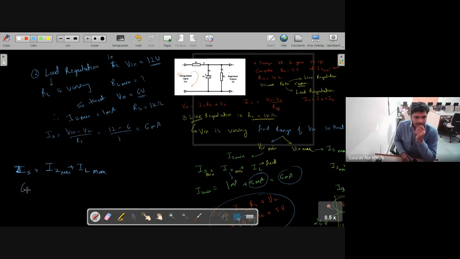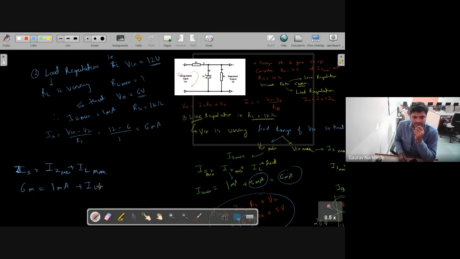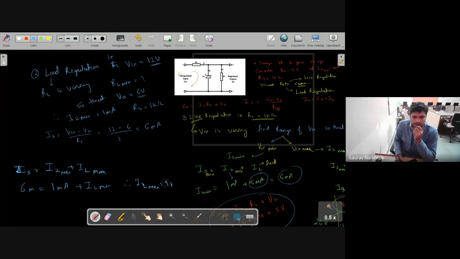IS is 6 milliampere, IZ minimum is 1 milliampere, so IL max we can calculate. Therefore IL max is 5 milliampere. Shall I rub this part?